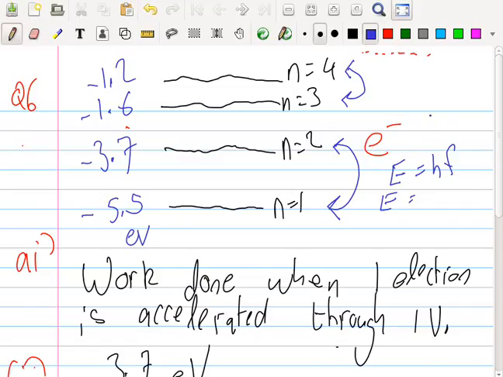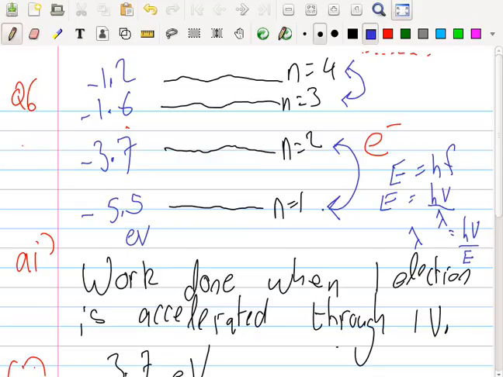v equals lambda f. So the f could be v over lambda. If I just do cross multiplication, I get lambda equals hv over E. If he wants a big lambda, then we need a small energy.